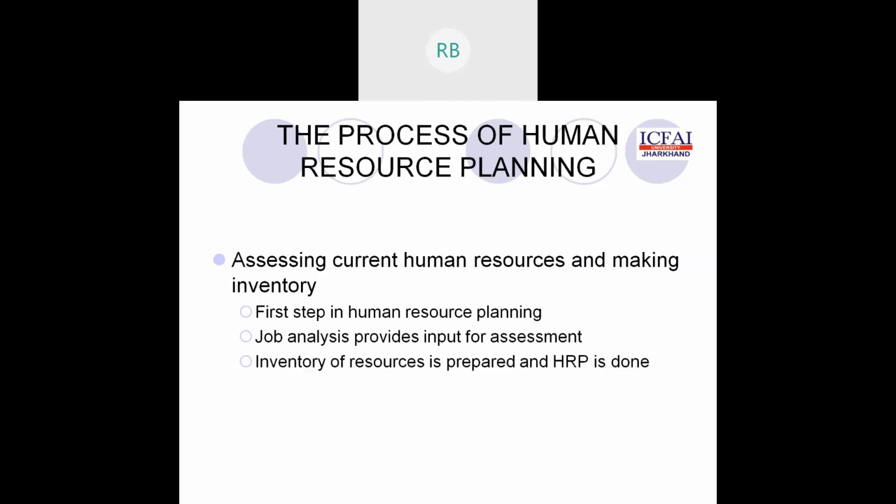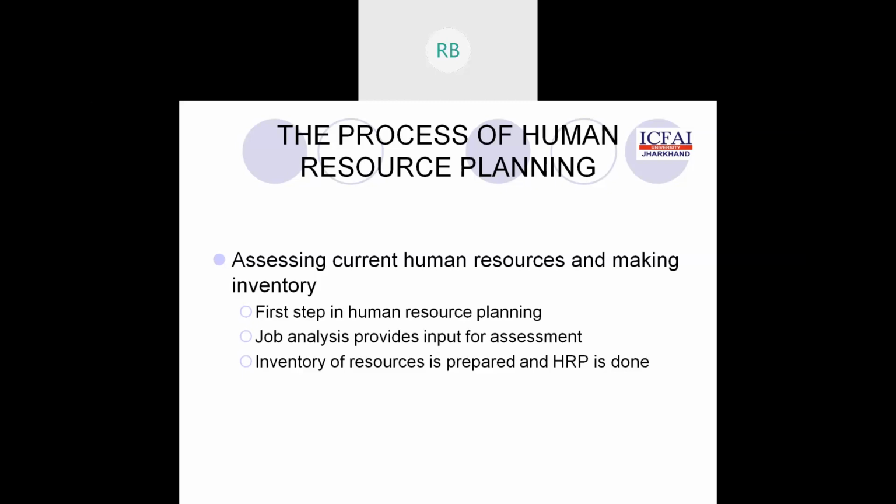The first step in HRP is the assessment of the resources currently available in the organization. An extensive job analysis will provide the necessary inputs for this assessment. We are going to study job analysis next class.